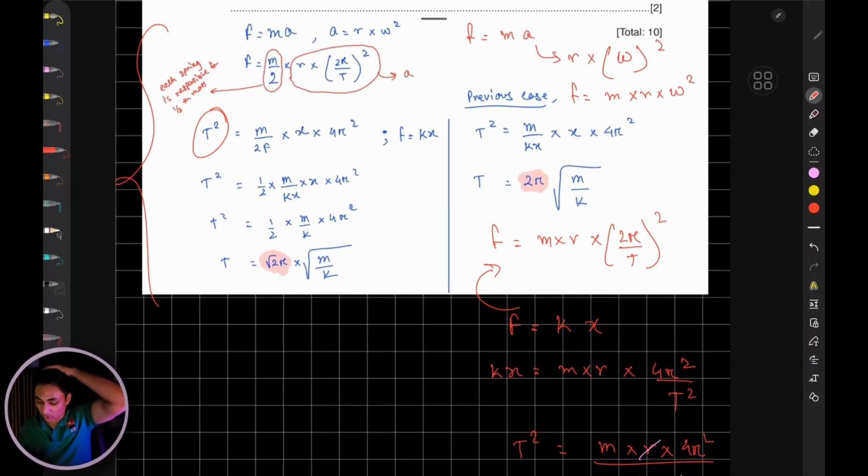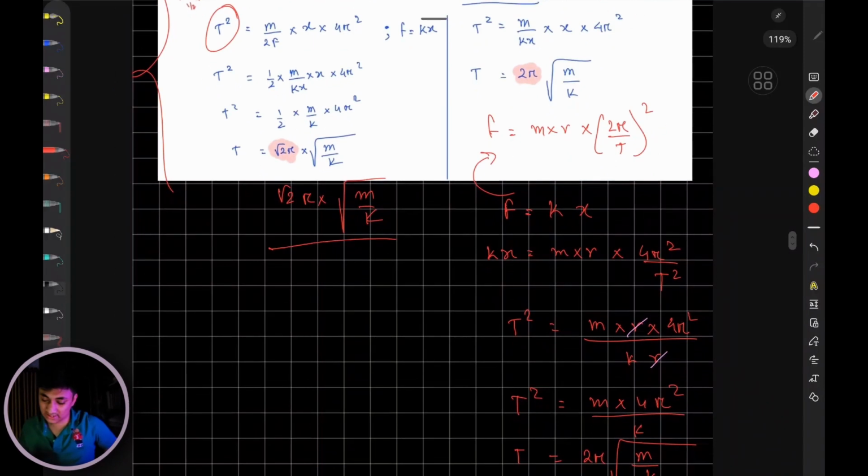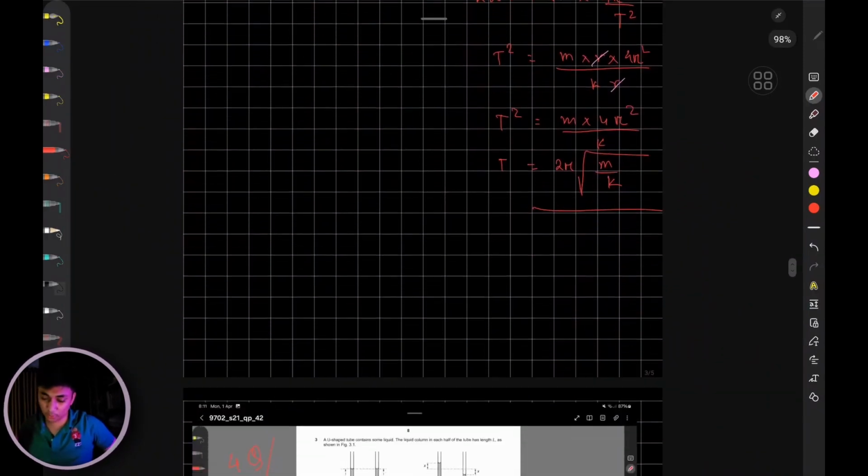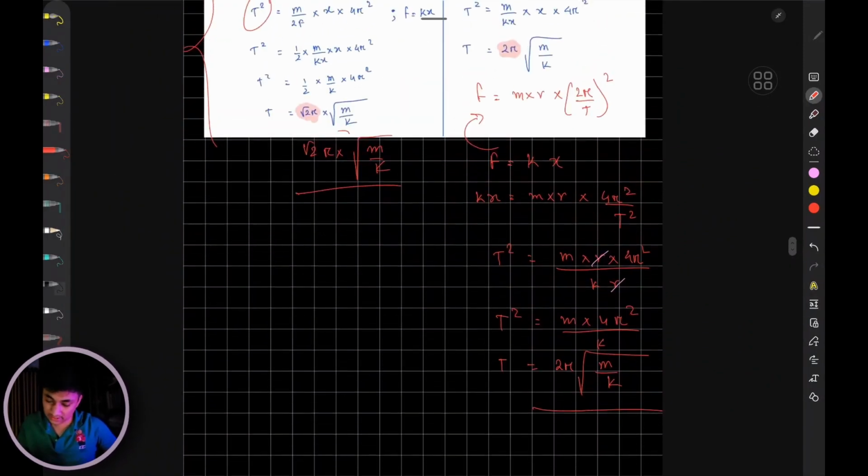Great. Now when you take a root on either side, you'll be left with T is equal to root 2 times pi times root of m by k. Now notice one thing, between this and this, in both cases, this portion of the equation is the same. The only variation is with the 2.